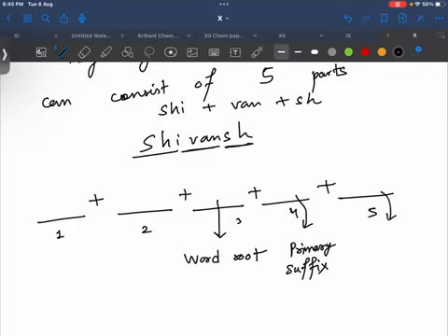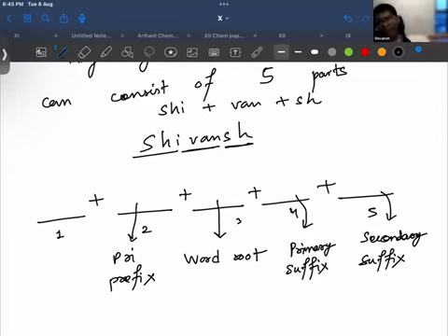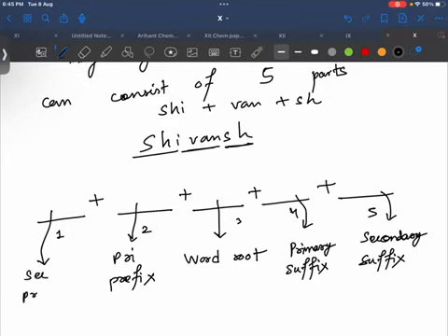The fifth part is known as the secondary suffix. The second part is known as the primary prefix. And the first part is known as the secondary prefix.